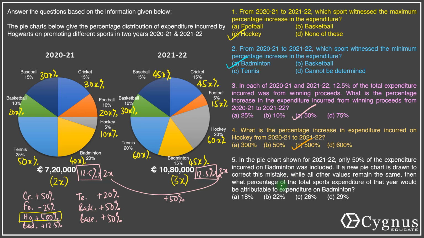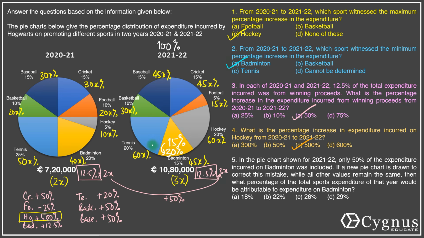The last question: in the pie chart shown for 2021-22, only 50% of the expenditure incurred on badminton was included. Oh, so they made a mistake. They should have included the entire expenditure, but they only included 50% of it. So that means the actual expenditure would have been double this. If the total is 100% right now and the expenditure here is 15%, the correct expenditure would have been 30% of this value.